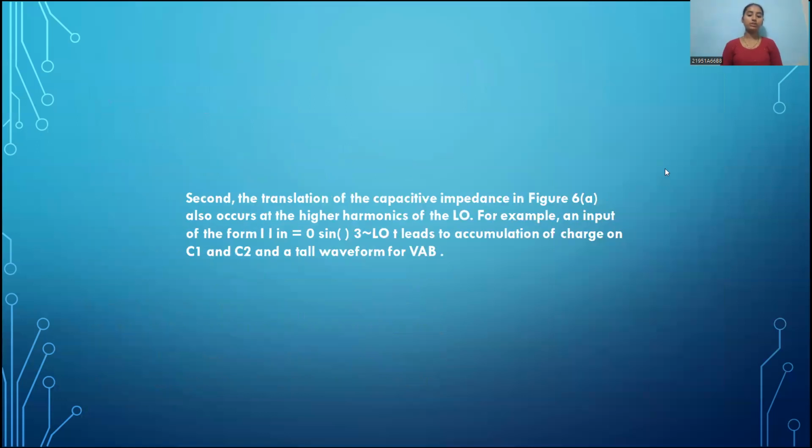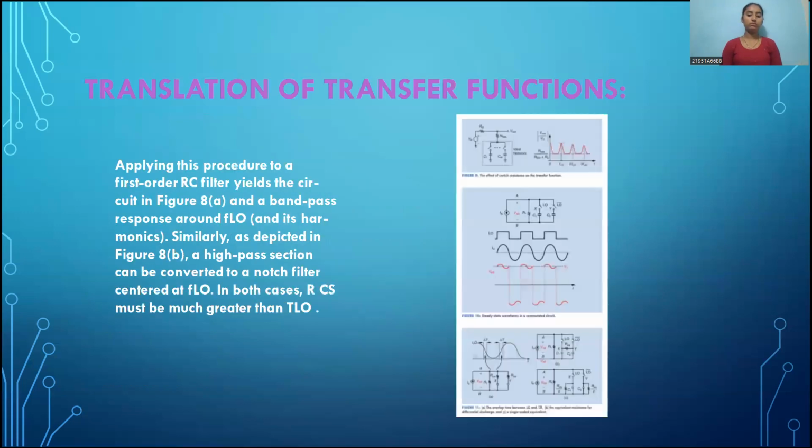Second, the translation of the capacitive impedance in Figure 6a also occurs at the higher harmonics of the LO. For example, an input of the form Iin0 sin 3ωLO t leads to accumulation of charge on C1 and C2 and a triangular waveform for VAB.